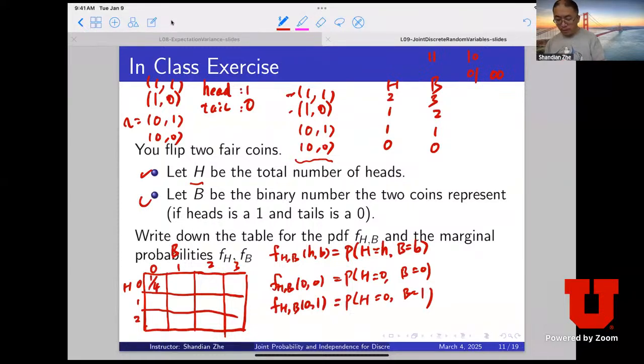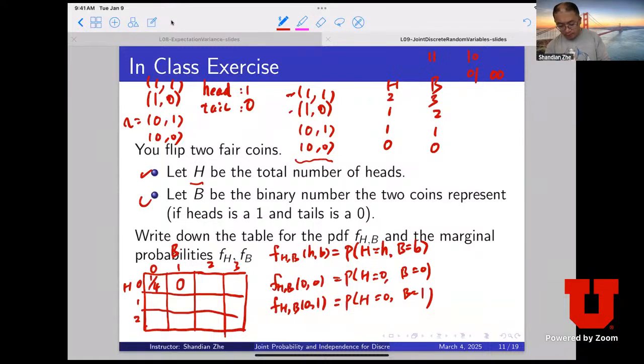Do we have an outcome which can give H 0, B 1? No. So that means that event is actually an empty set. Empty set, the probability is always 0. So we got our second entry.